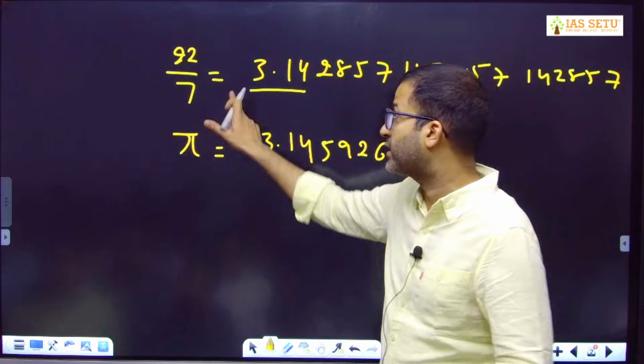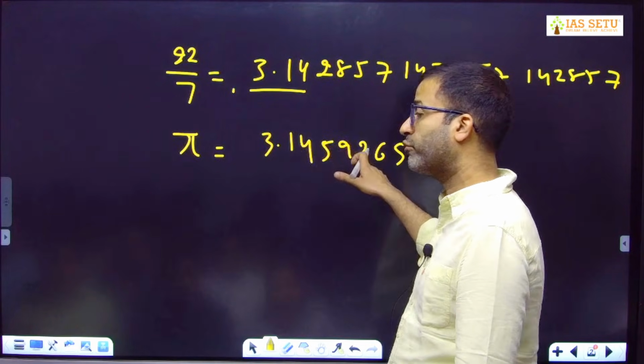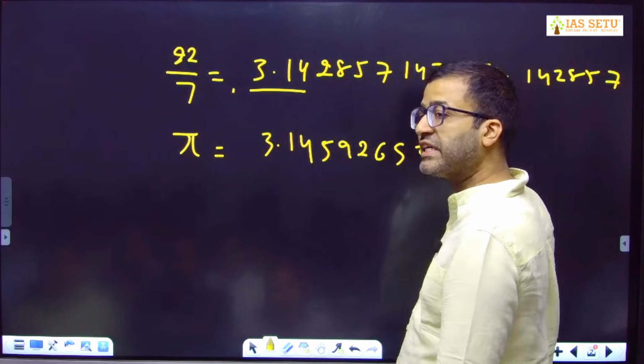So it is not the exact value of pi. The exact value of pi, if you check on a computer, you will find 3.1459 and it will keep going.